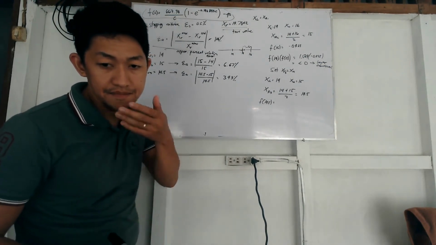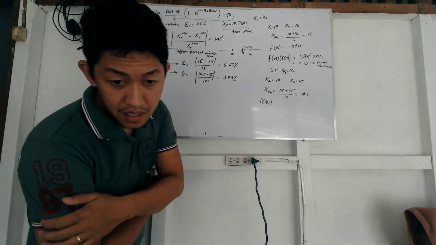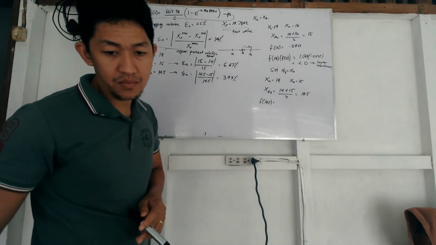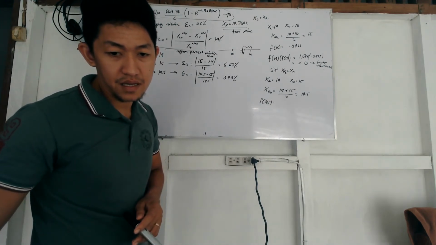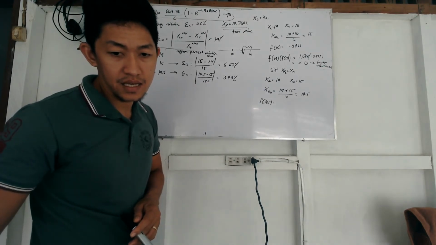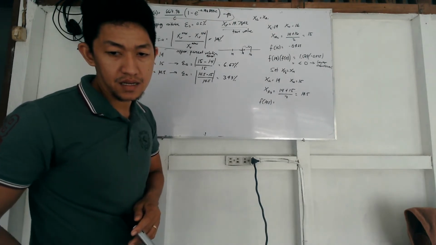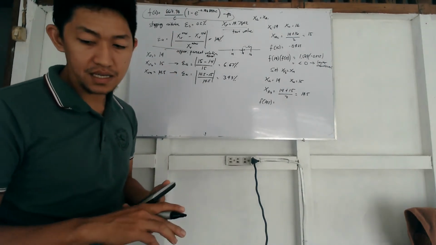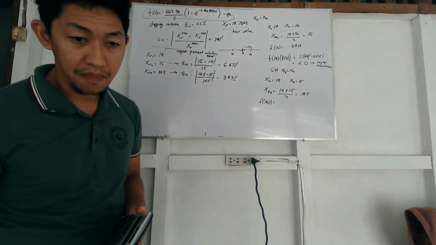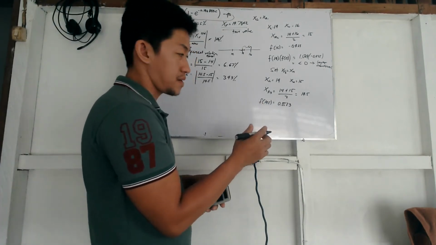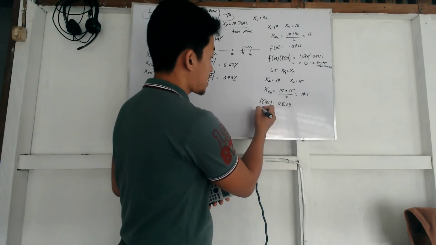Solvon pa din, calculate pa din. Okay, so the value of f of 14.5 is 0.5523.